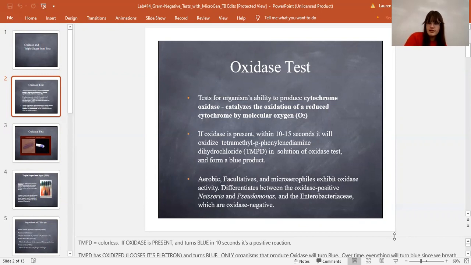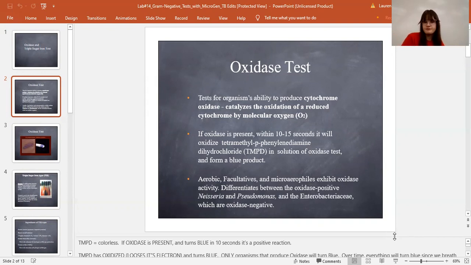So cytochrome oxidase is an enzyme for the oxidation of a reduced cytochrome by molecular oxygen. The name sounds like it makes sense, right? We have cytochrome, oxidase, oxygen. So that's how you can kind of remember that. It's a lot of words and they get jumbled up very quickly, but if you remember it like that, it's a little bit easier.